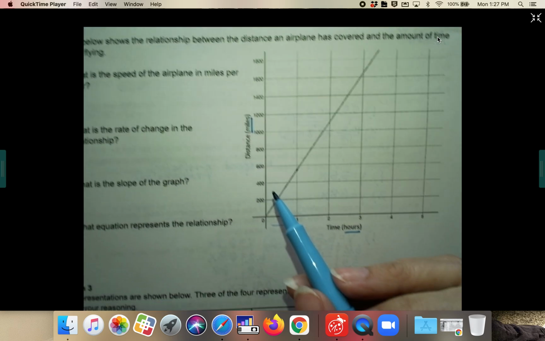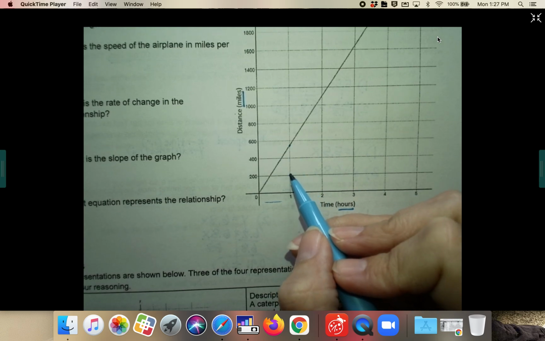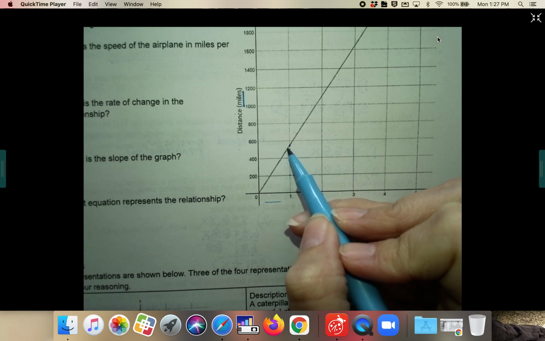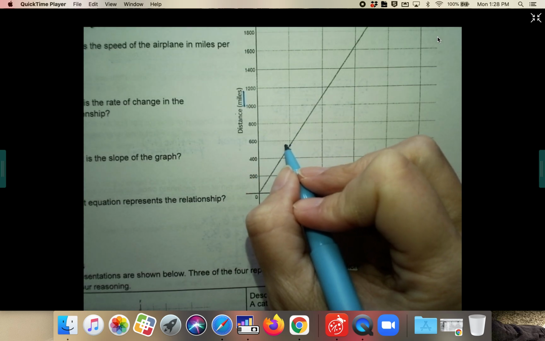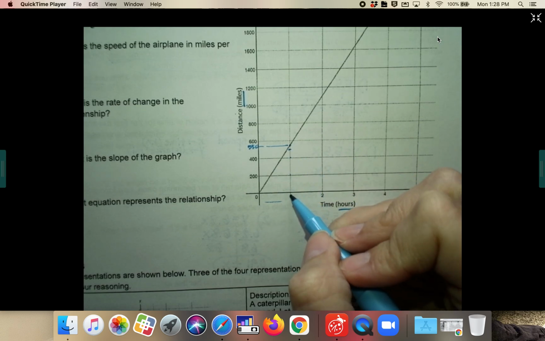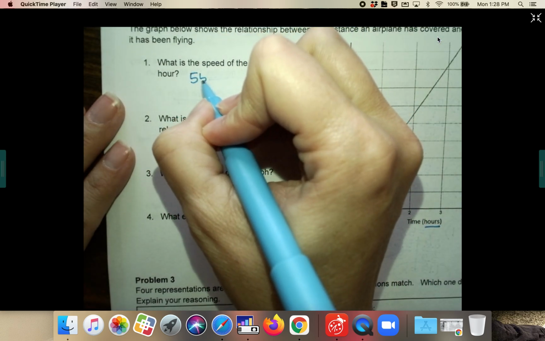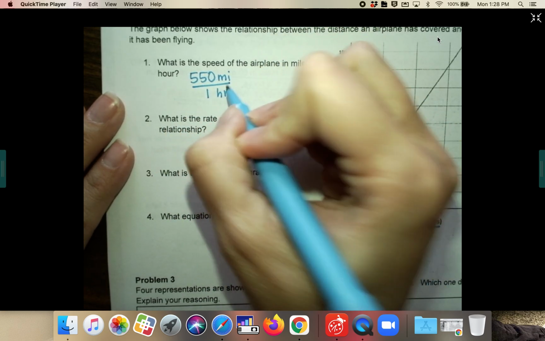So I would say this is 200, 400, 600. I think we could probably say 500 is in the middle. So maybe 550. I'm not sure if you guys are okay with 550, but I'm going to say that this dot is about 550 in 1 hour. So what speed? It's going about 550 miles per hour.